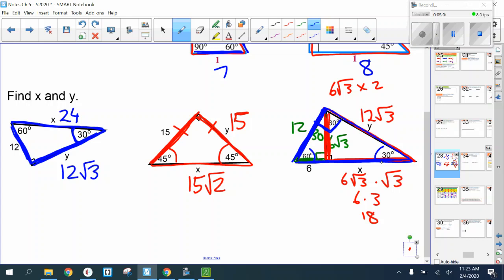This hypotenuse would be double that, which would be 24. Now notice this is 6, so then this x must be 18 in order to make the 24. 6 plus 18 is 24. So we're still going to get x equals 18, and then this side over here, you would just take that short leg times square root of 3. So there's a couple of ways of getting to that answer, but there it is.